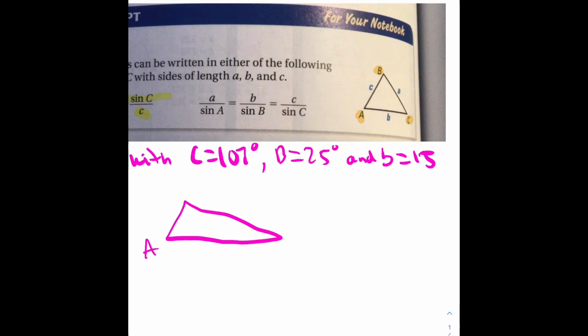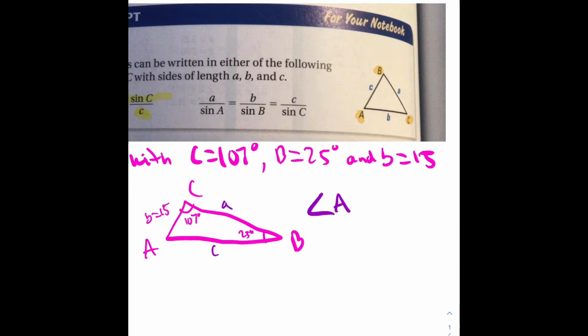We might have a triangle that looks something like this. This is not necessarily accurate, but that's 107 degrees. This is 25 degrees. Side B is across from B, so B equals 15. And we are tasked with finding side A, across from A, and side C across from C.